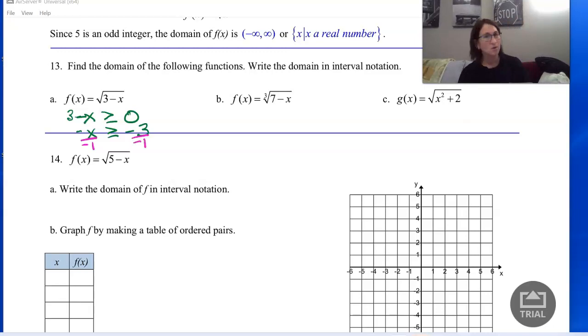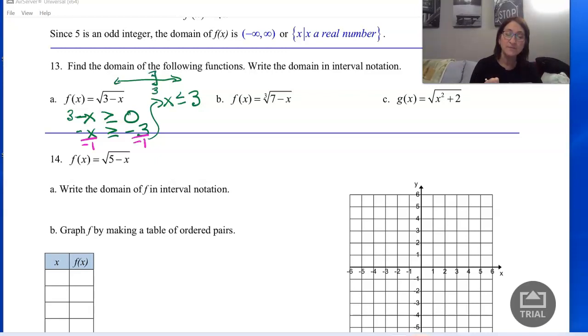When I divide or multiply an inequality by a negative, it changes the direction of your inequality. So this is now going to be x is less than or equal to positive 3. All right, so to write that domain in interval notation, okay, so it's all of the numbers, here's 3, and 3 is included. It's all of them smaller. So that is going to be negative infinity to positive 3 square bracket.